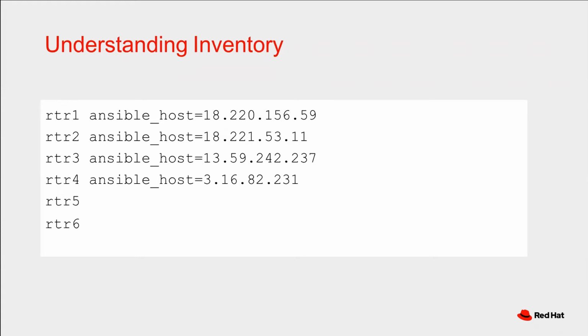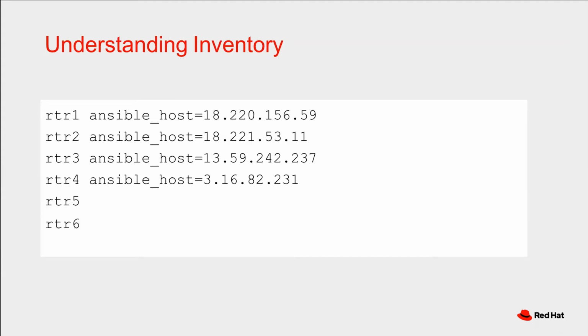Typically we use IP addresses here, but we could also give it a host name if we wanted to resolve that through DNS. What this gives us is the ability to address nodes when there may be multiple interfaces and we want to hit a specific interface.